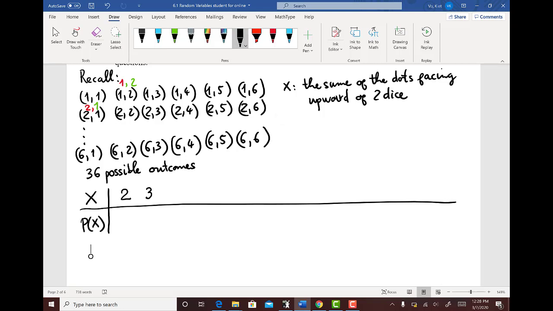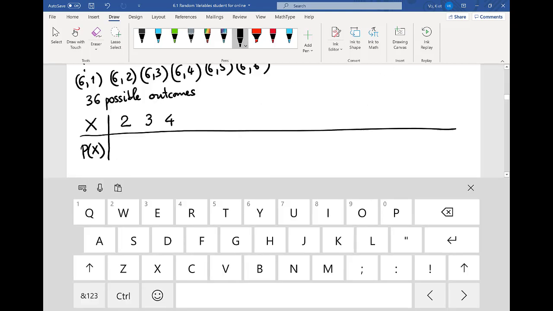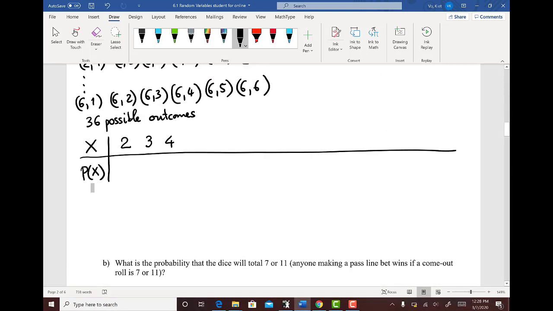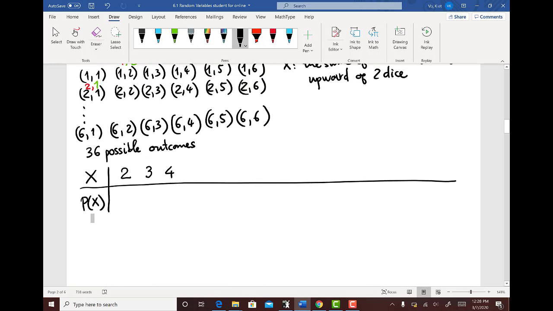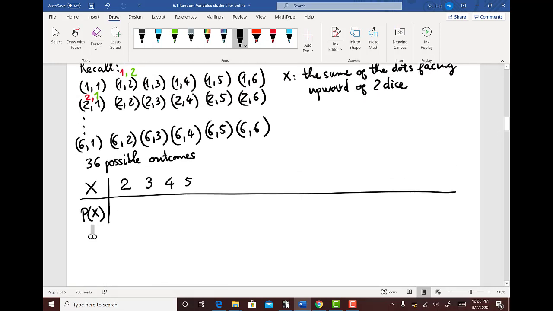And if you look through the entire table, you will see that x could also be equal to 5, 6, 7, 8, 9, 10, 11, or 12. So 12 would be the maximum value for x, because that's when you get a 6 and a 6, and you cannot get higher than that when you roll two dice.